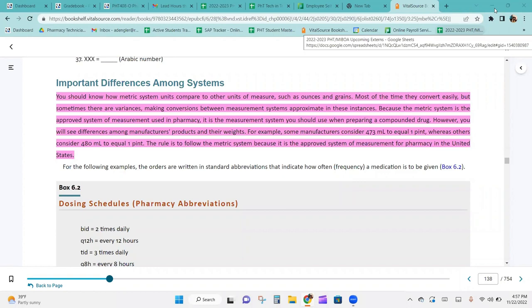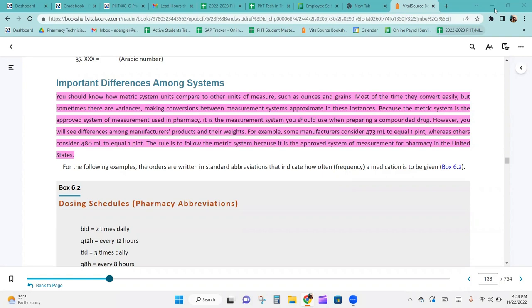You should know how metric system units compare to other units of measure, such as ounces and grains. Most of the time they convert easily, but sometimes there are variances, making conversions between measurement systems approximate in these instances. Because the metric system is the approved system of measurement used in pharmacy, it is the measurement system you should use when preparing a compounded drug.